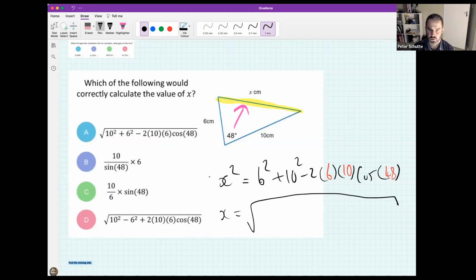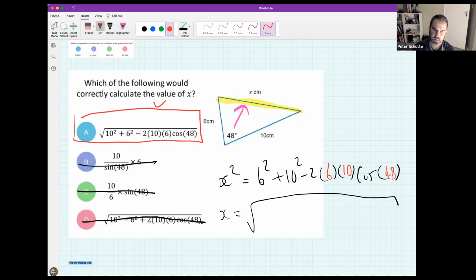Now, which of the 2 looks correct? Well, this is for grade 10 trig, so it can't be those 2. And the thing that I know this can't be right is there's a plus 2 times where there should be a minus 2. And so that should be the correct answer.